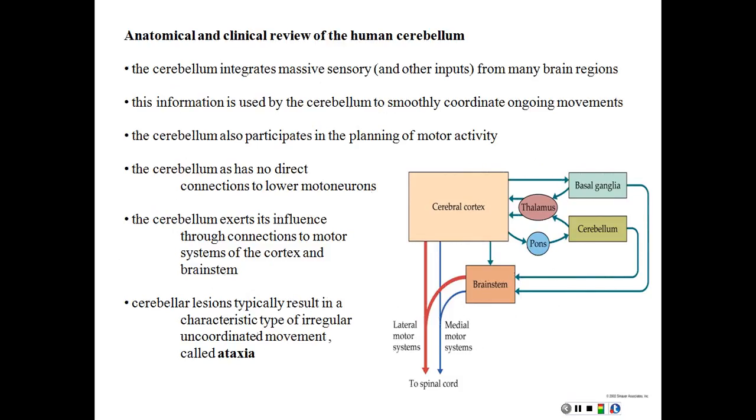So if we think about the outflow of motor activity, the cerebellum does something that we as humans and plenty of other mammals rely on quite a bit, and that's to coordinate smooth, ongoing movements.